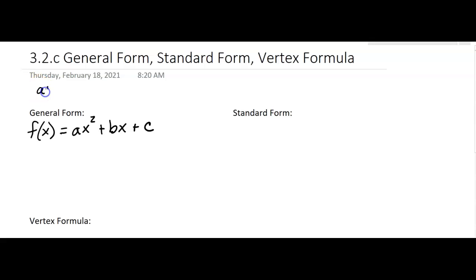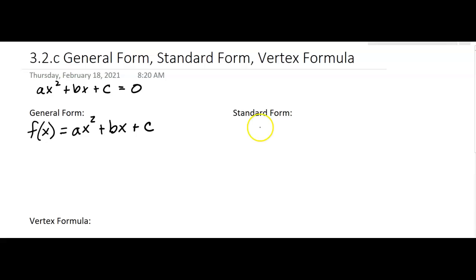Remember when you had ax squared plus bx plus c equals 0, and you used that to derive the quadratic formula? Now it's just written as a function. This is called the general form. It's a great form for certain things. Let's leave it at that.